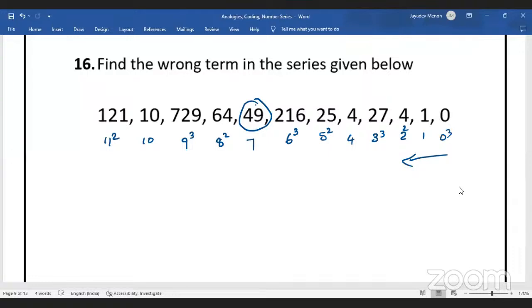So this should be 7. 7, 8 square, 9 cube, then 10, 11 square. So this is the pattern actually. 0 cube, 1, 2 square, 3 cube, 4, 5 square, 6 cube, 7, 8 square, 9 cube, 10, 11 square. So the answer is 49. The wrong term is 14.